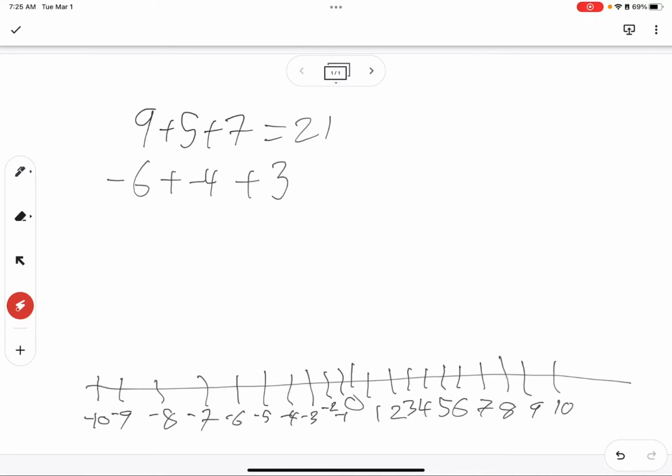And if my numbers are bigger than 10, then I need to draw a bigger number line or get a page that's just one big long number line.